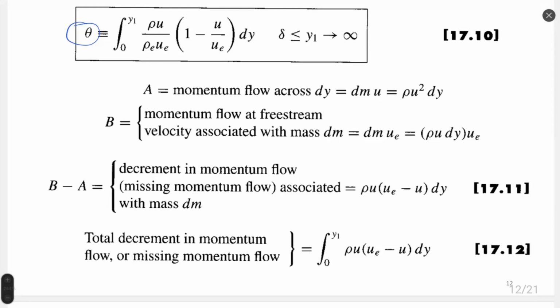We have two momentums. One momentum created by flow without boundary layer is B. Another momentum created by flow with boundary layer, which is A. And then the difference B minus A gives us the decrease of momentum, or decrement in momentum, associated with the presence of boundary layer.